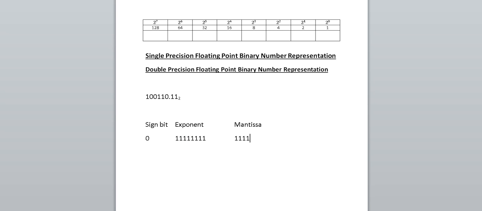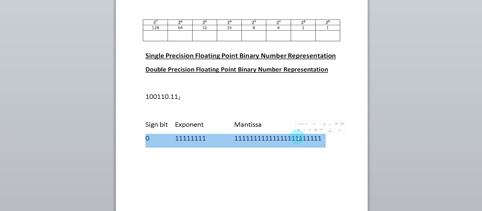1, 2, 3, 4, 5, 6, 7, 8, 9, 10, up to 23. Just like that. So a single precision floating point representation will look like this, and this binary number with a floating point will soon look like this when we convert it.